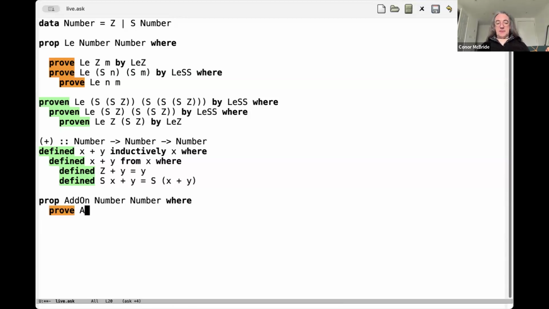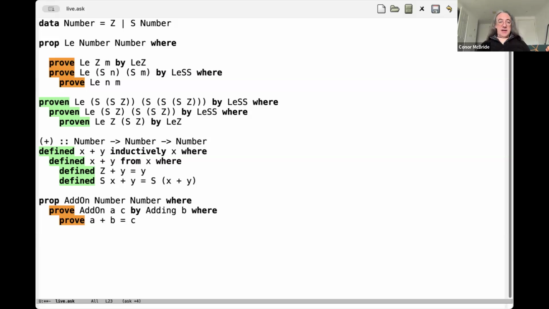You prove add on A C by adding B, where to prove that you can get from A to C by adding B, you have to prove that A plus B equals C. So that's the definition.